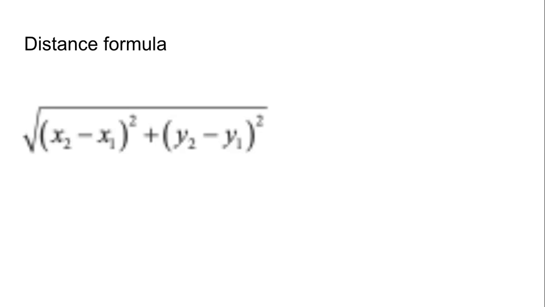If all this is confusing, and it can be confusing if we are not clear about the underlying mathematics which relates to integers and squares, then you just remember this formula: x2 minus x1 whole square plus y2 minus y1 whole square, square root of the entire sum. This is the distance formula.